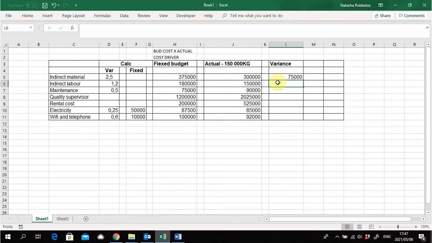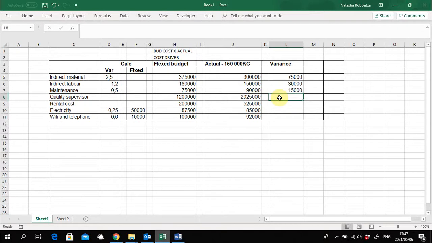If I look at the indirect labor, it's 180 and 150, so the difference should be 30,000 Rand. If I look at the 90,000 and the 75,000, the difference there should be 15,000.